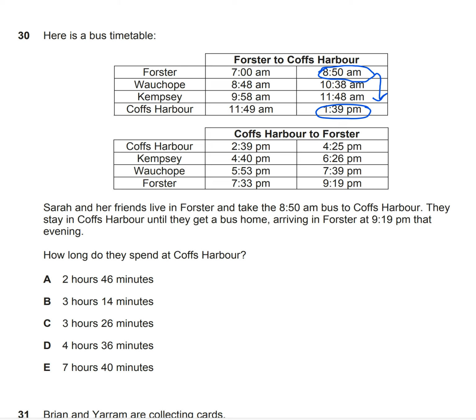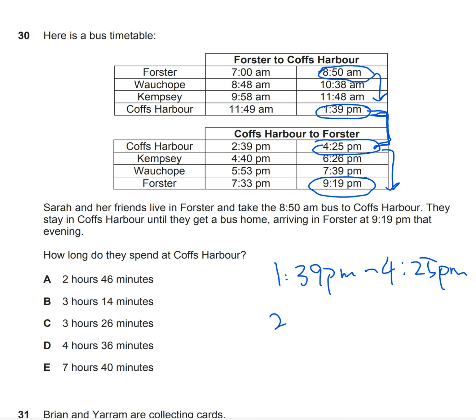Now, they stay in Coffs Harbour until they get a bus home, arriving in Forster again at 9:19 in the evening, which means they must have caught this bus, and they had to leave Coffs Harbour at 4:25 to get to Forster by 9:19. So that means that the amount of time they must have stayed is between 1:39 p.m. to 4:25 p.m.